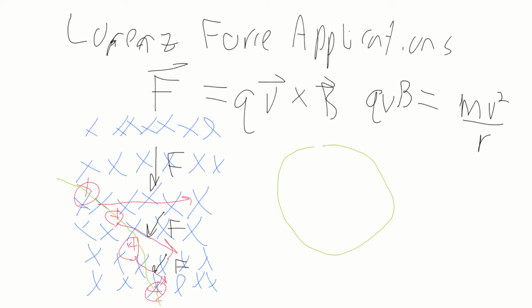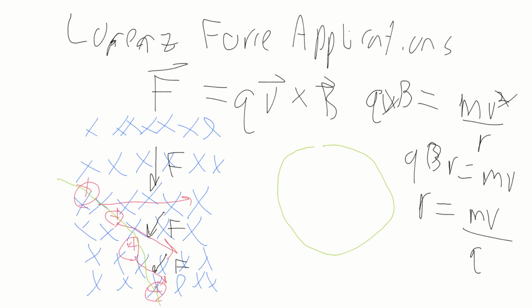One of these v's divides away, and I have QBr equals mv. I multiplied both sides by r. And I get that r, the radius, equals mv over qB.